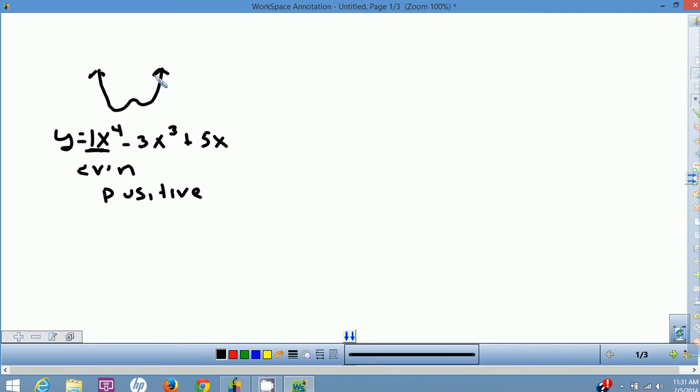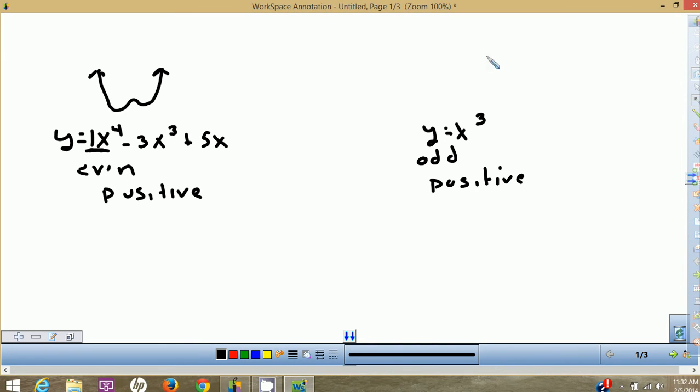Well, let's do another one. What if I have y equals x cubed? A little different situation. I have an odd degree polynomial. And my leading coefficient is positive. So this function, if I draw a quick sketch, is going to go down as I go to the left, but it's going to go up as I go to the right. As x approaches negative infinity, y approaches negative infinity.